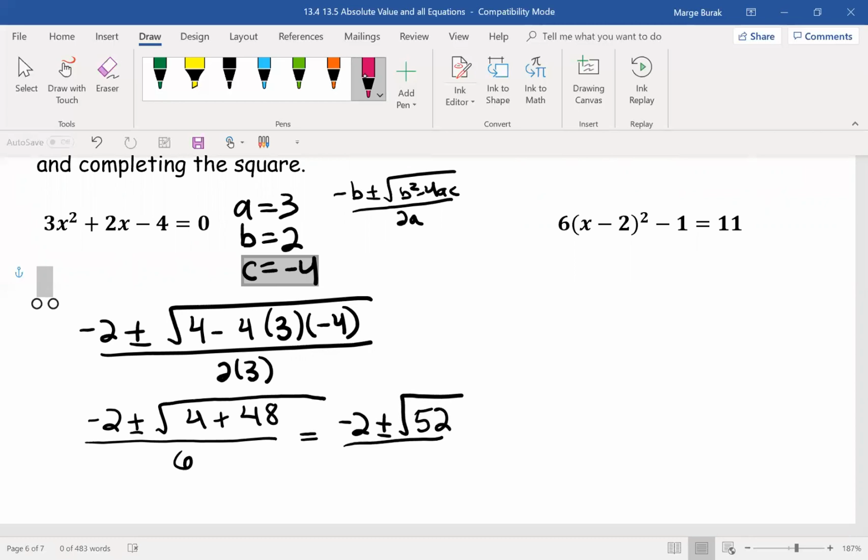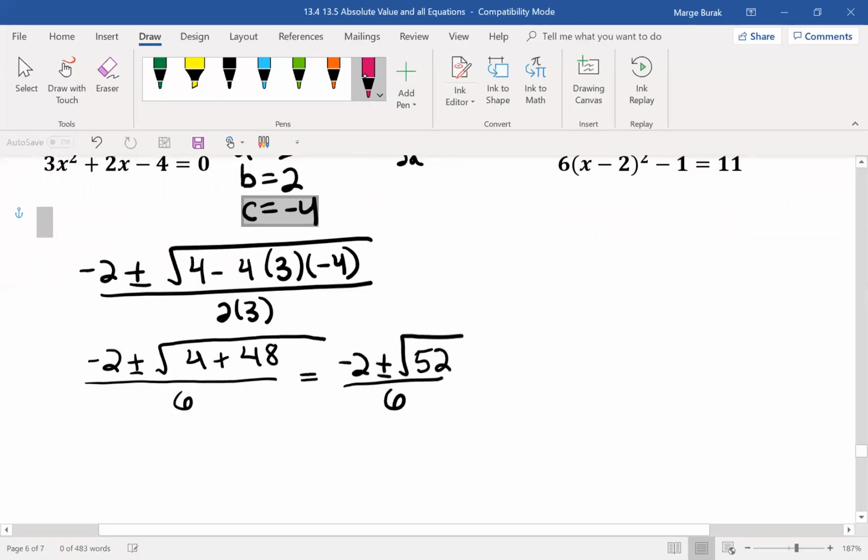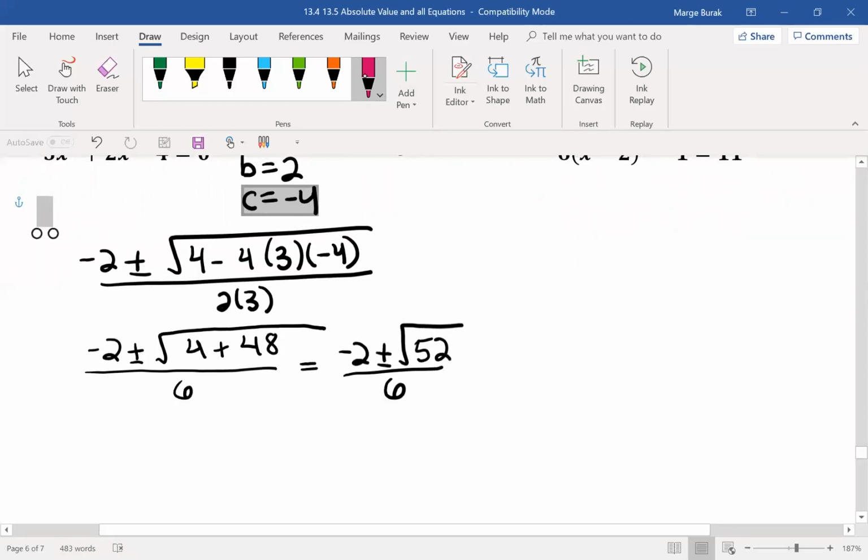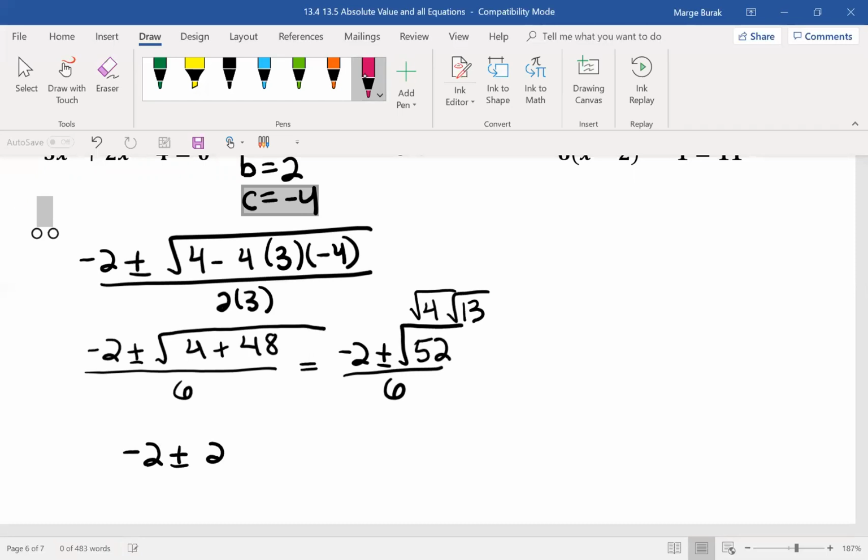Ooh, I bet we have to simplify that. The square root of 52 is the square root of 4 times 13. So we get negative 2 plus or minus 2 times the square root of 13, all over 6.